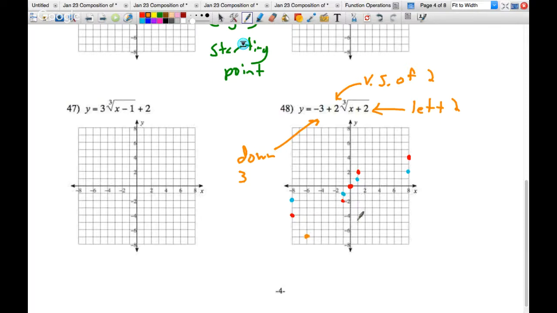And then this one, left 2, down 3, it'd be off the graph about there. Connect those up. It makes an anti-symmetrical graph like that that extends off to infinity in either direction.